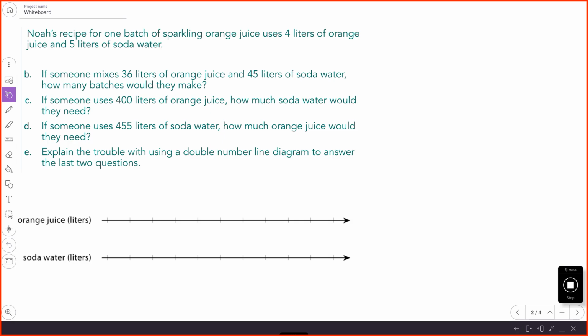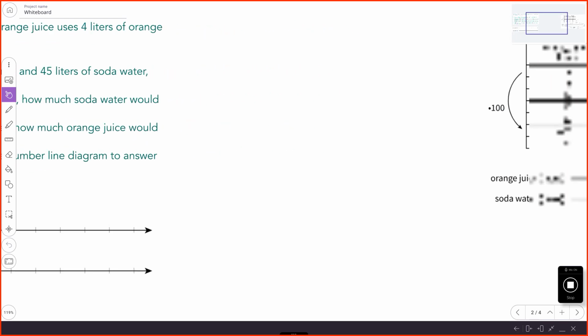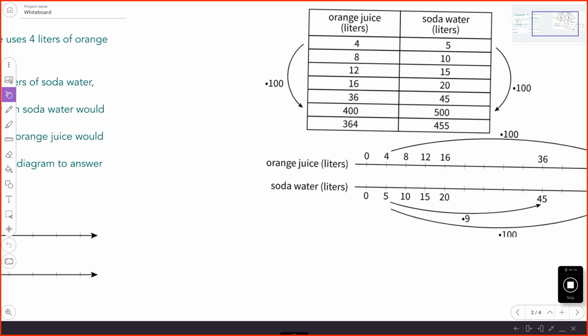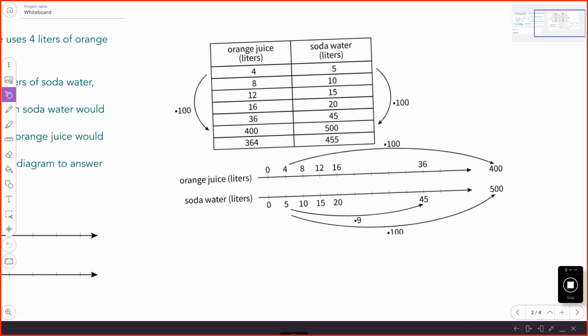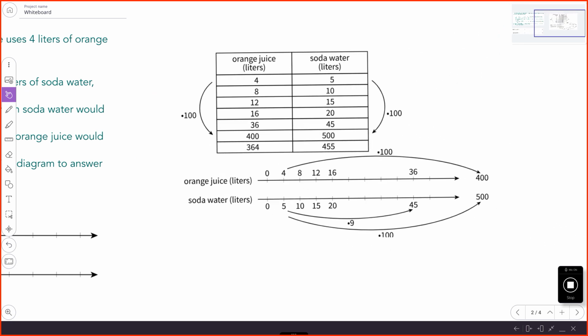So now that we have our table, I want you to look at this double number line. Look at the double number line you made.